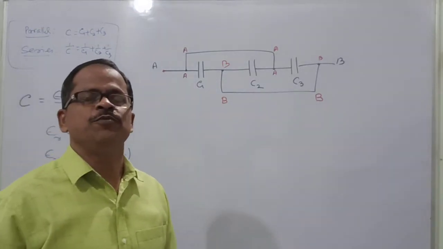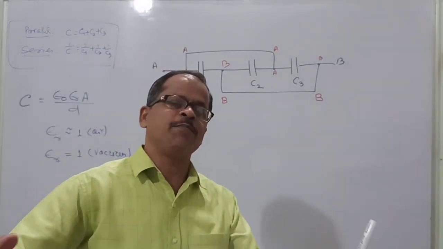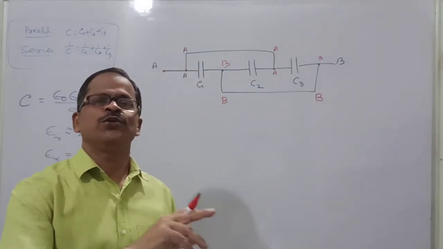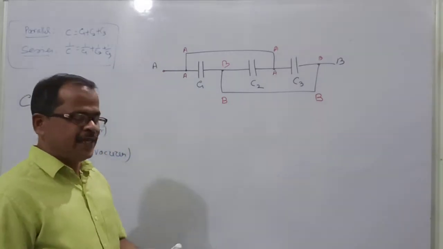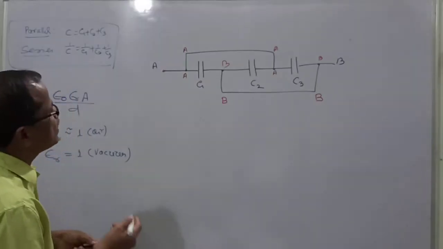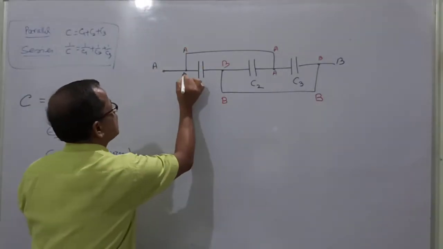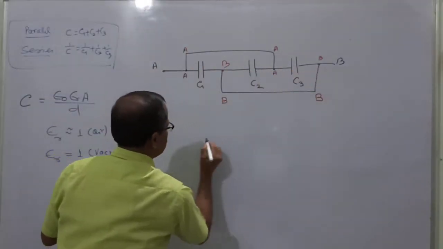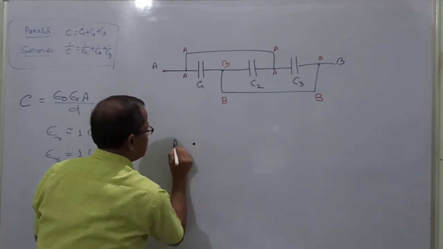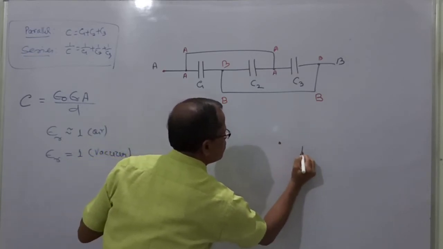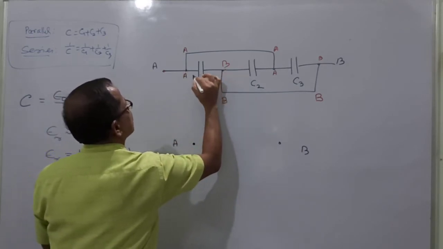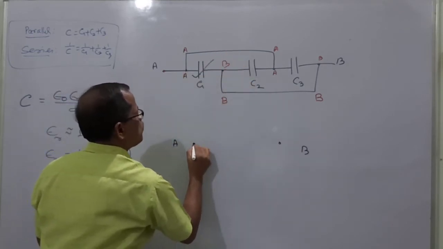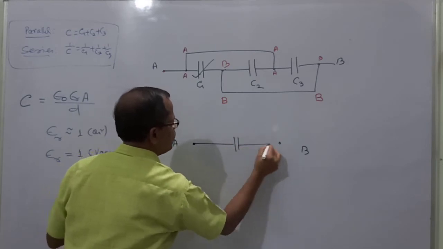Now all the capacitors are in between A and B, so it is very simple to redraw and get the capacitance. Look how it will be calculated. The extreme terminals are A and B. One terminal is here, that is A, and another terminal is here, B. From A to B, C1.